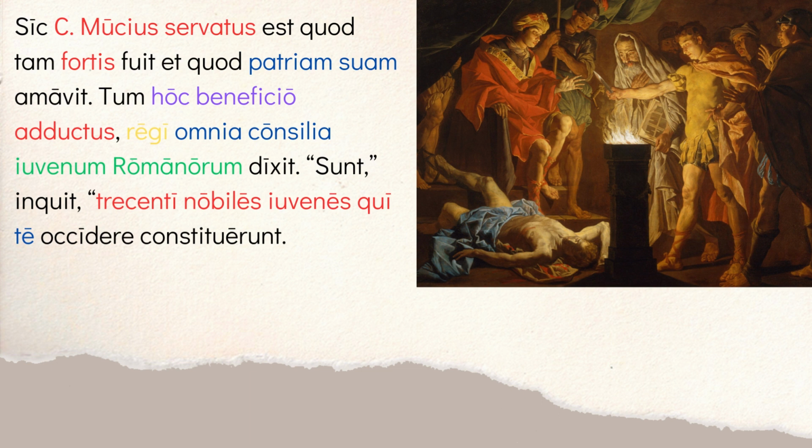So he finally tells them, because he's so appreciative. They have this mutual respect for each other. And he says, sunt inque trecenti nobiles juvenes qui te occidere constituerunt. So there are 300 noble youths, young noble men, who have decided to kill you, te occidere. So he tells them there's 300 young Romans who are going to come after you, okay?